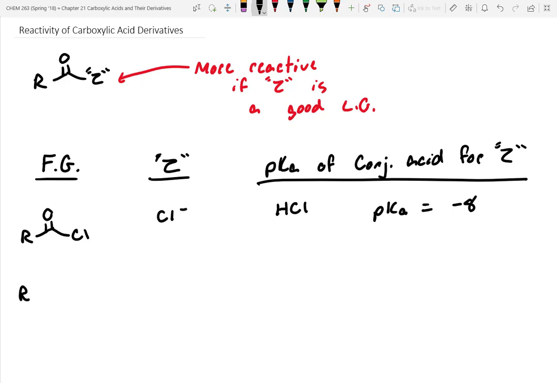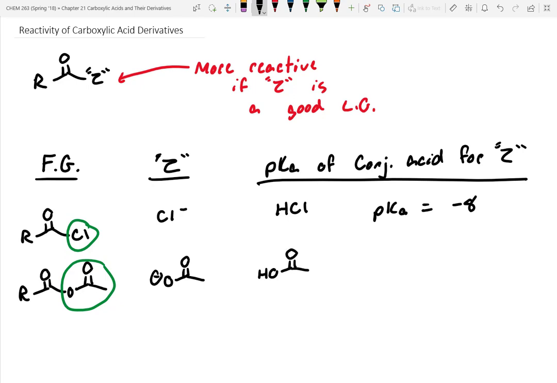The next one will be the anhydrides. So just like if this were to pop off, this time we're going to pop off that entire group. And if you think about the conjugate acid, what would the conjugate acid be called?